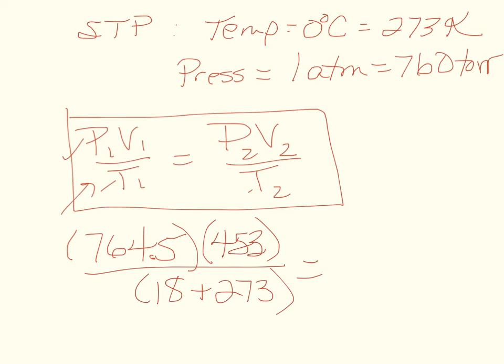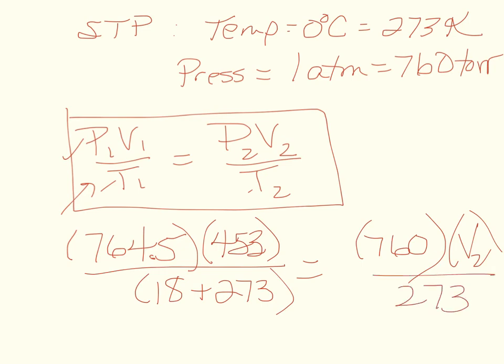All right, so the new conditions are STP, and they want to know the volume of the dry gas under STP conditions. So the second pressure would be 760. We're solving for the second volume. And the second temperature, standard condition, is 273 Kelvin.